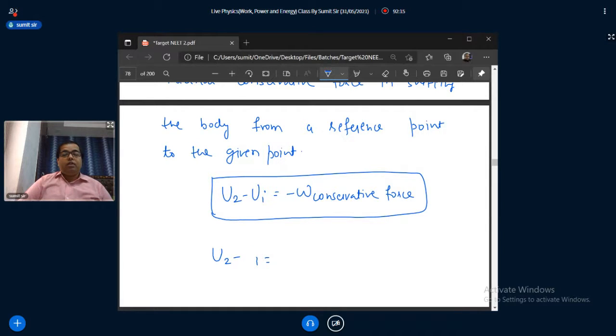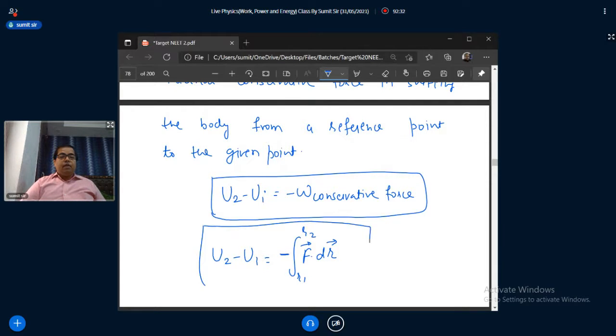What is the work done? F dot dr, from R1 to R2, and there is a negative sign because it's equal to the negative of work done.